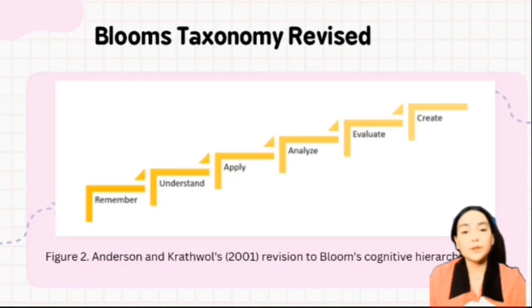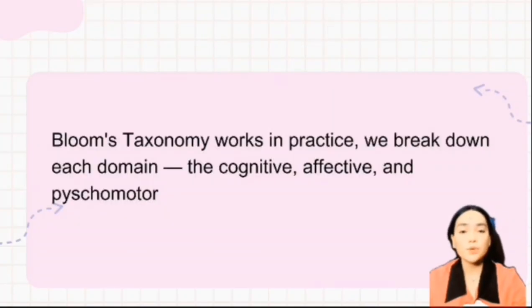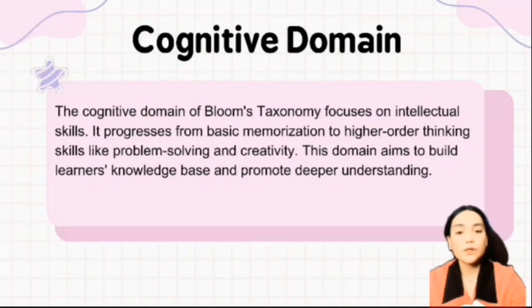To provide a deeper look at how Bloom's taxonomy works in practice, we break down each domain: the cognitive, affective, and psychomotor. So first, let's have the cognitive domain. The cognitive domain is focused on intellectual skills such as critical thinking, problem solving, and creating a knowledge base.